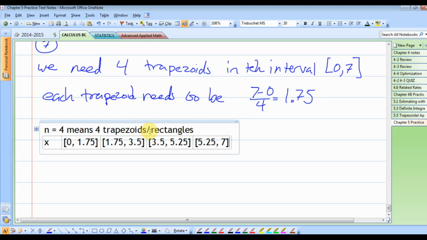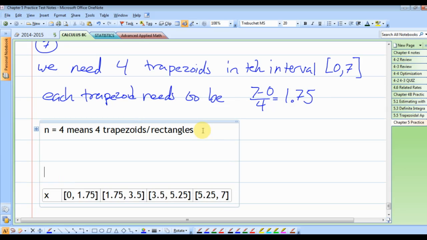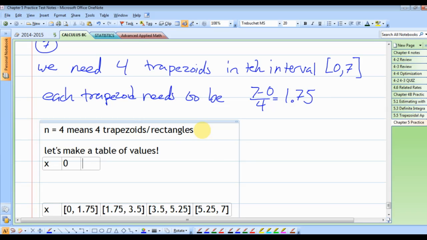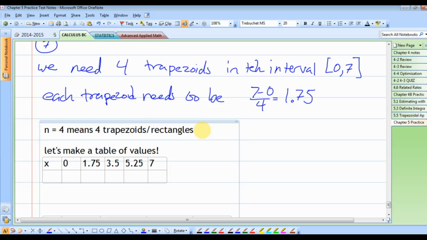Oh, you know what? Can I do this first? I'm sorry. Let's make a table of values. Okay, so what is f of 0? 0.